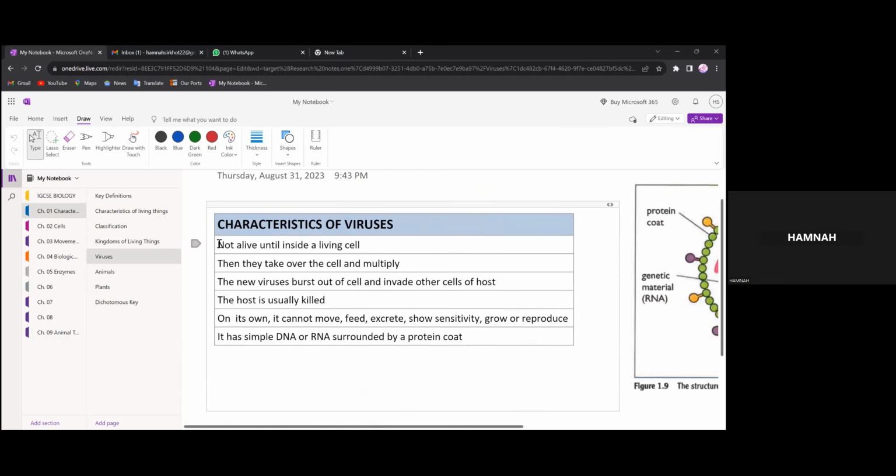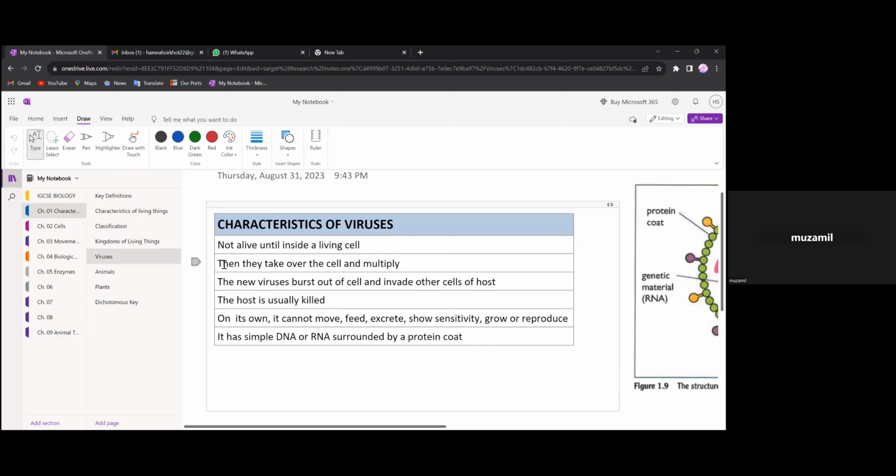Like you were saying, viruses are not alive until they're inside a living cell. Viruses are not alive until they're inside you. When there's a viral infection, that virus was not living until it was inside you, until you're having this infection, and you're making this virus alive.